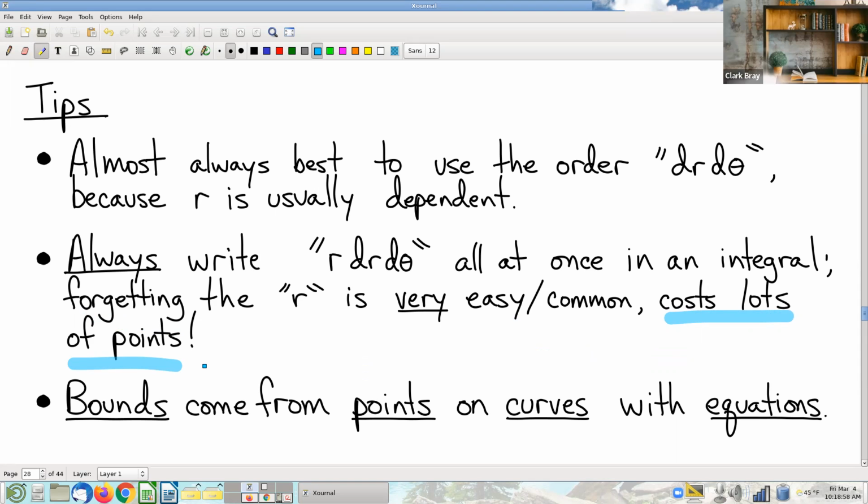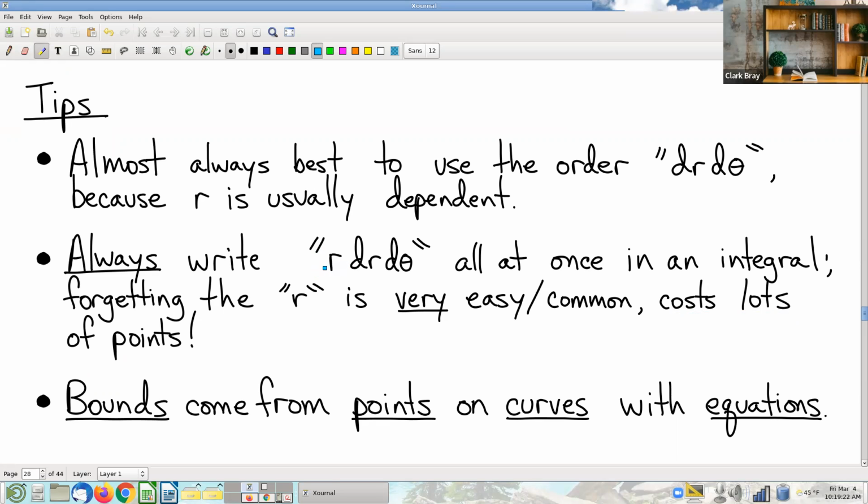I just can't grade that way, right? So it costs a lot because that stretching factor, this factor of r, is a really big deal. It's one of the most substantial aspects of doing an integral in a coordinate system. So it's a dangerous situation, and you want to make sure that you don't accidentally step on this little landmine.